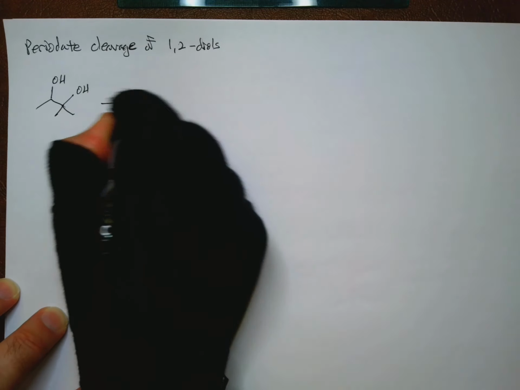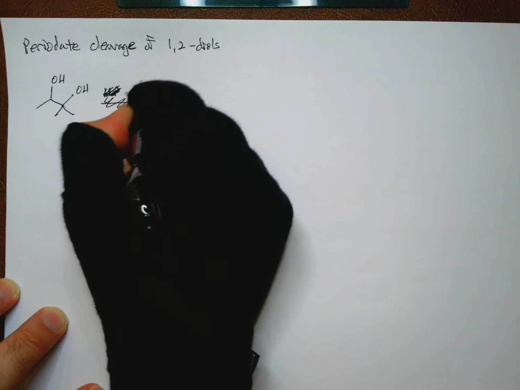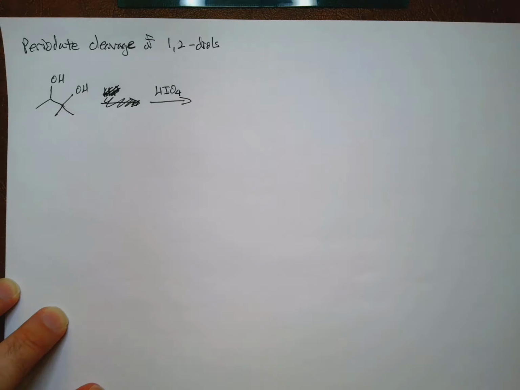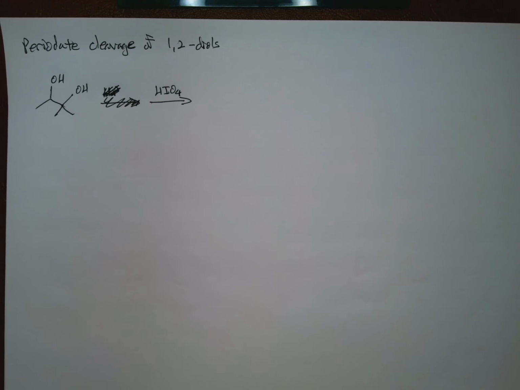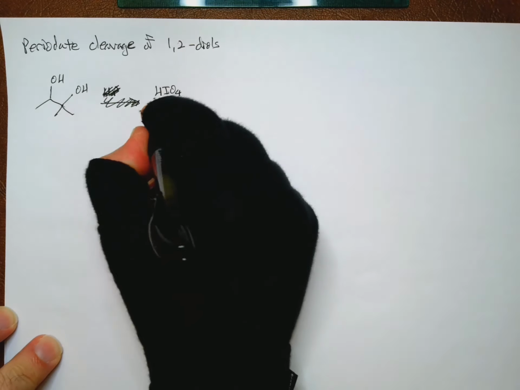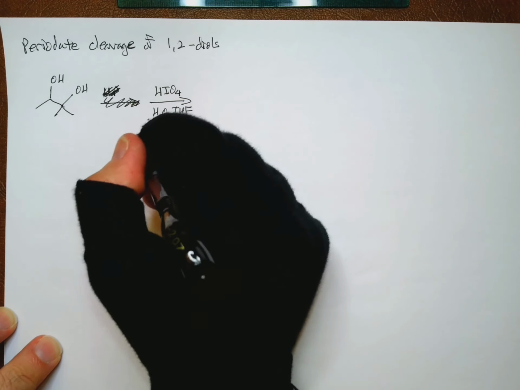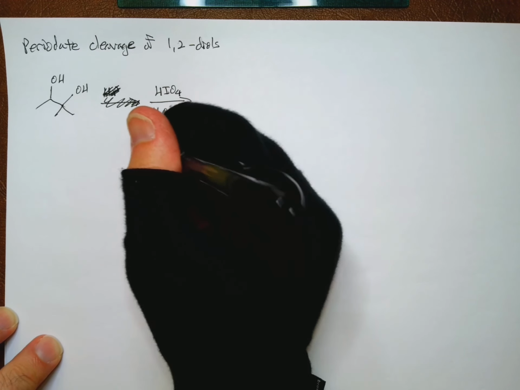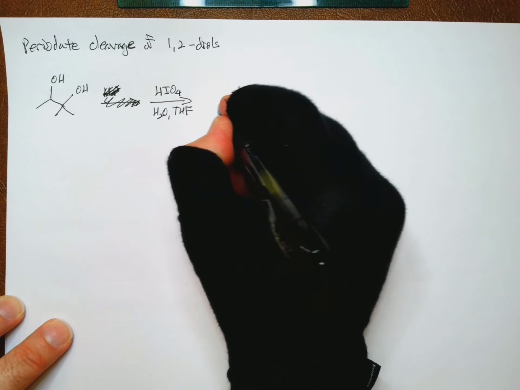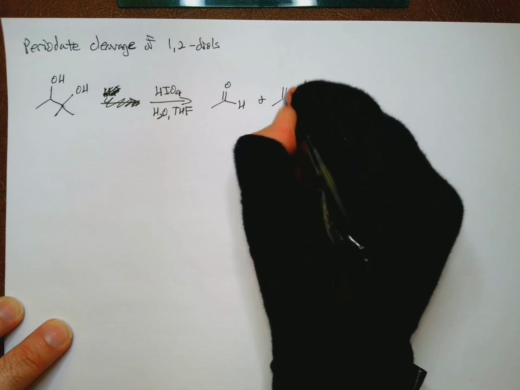You could treat this with HIO4, so you can use periodate or periodic acid, and typically this will be with water and THF. That's just a solvent, tetrahydrofuran, and it will form a cyclic periodate intermediate, which then ends up being cleaved into the aldehyde and the ketone.